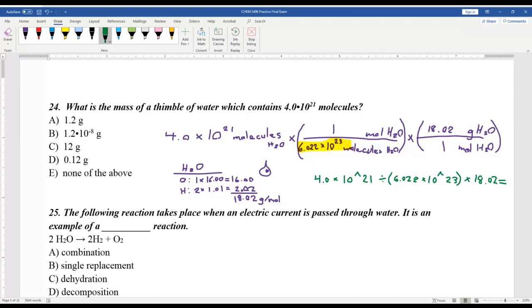Does that give you the correct answer? Yes, that's how I did it.